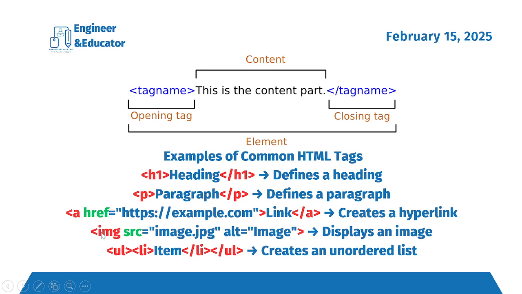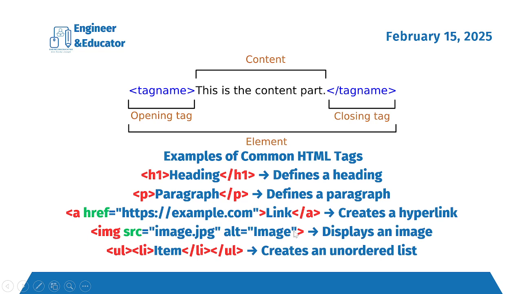Then there is an image. You have the image tag. And have you seen that? H1, P, and A tag. You have come across these three tags, and you have seen that the H1 tag has a closing tag, the P tag has a closing tag, and the A tag also has a closing tag.